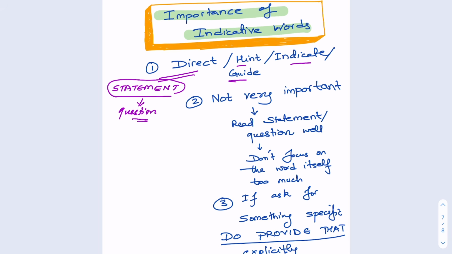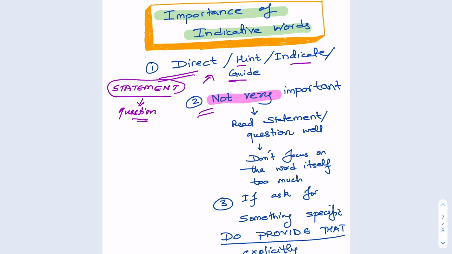So these indicative words might be included in the question to give you a hint or to guide you about how you should try to answer the question. So that is the first thing. When you read the indicative word, you should understand what is the meaning of the indicative word, and that I will tell you when I go into this video further.